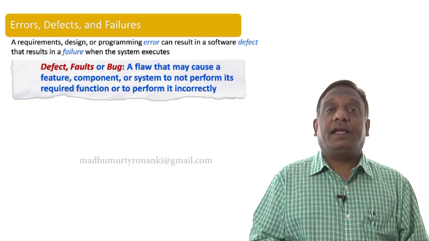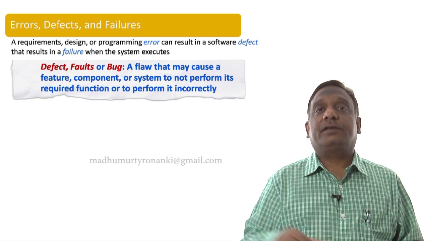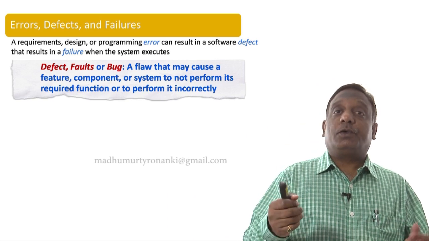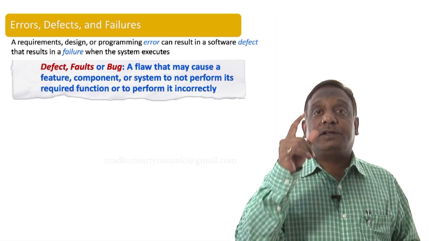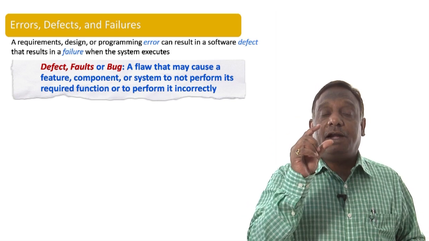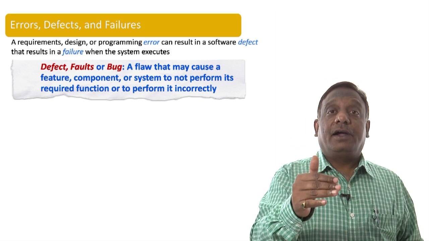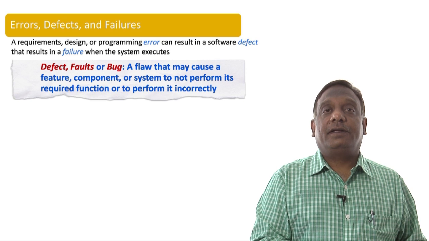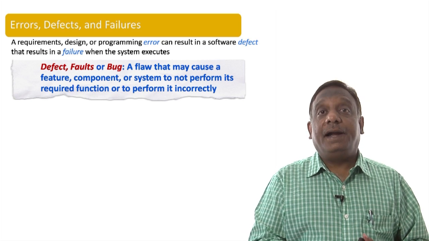Because of that mistake, a flaw or a defect got into this software. With less than or equal to, it may work in some situations, but in some particular situations, it is not going to work. So a defect or a bug or a fault got injected into the software now. Why? Because the developer made a mistake.